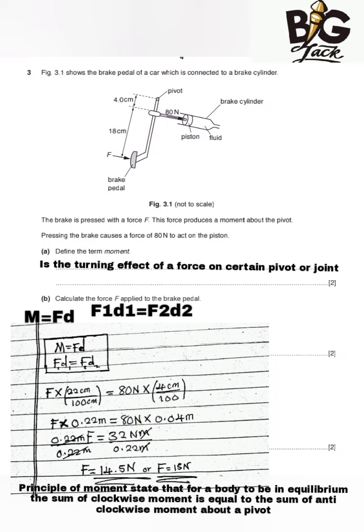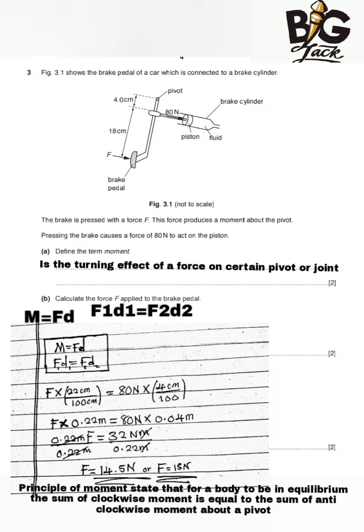From there we are looking for F, so we divide by 0.22 meters. Our final force is 15 newtons, or 14.5 newtons, rounded off to one decimal place.